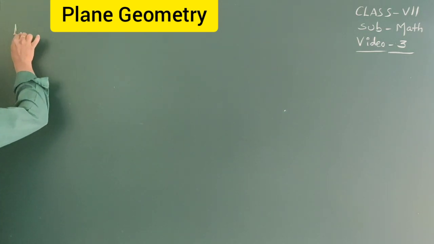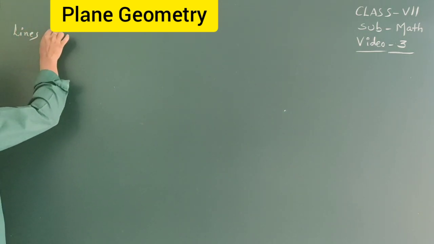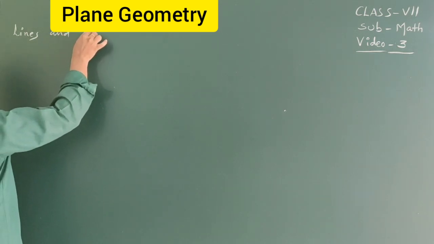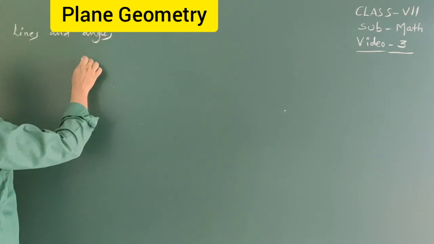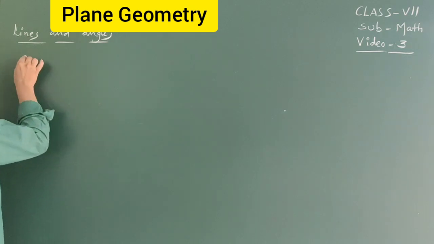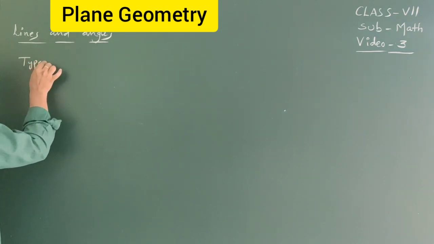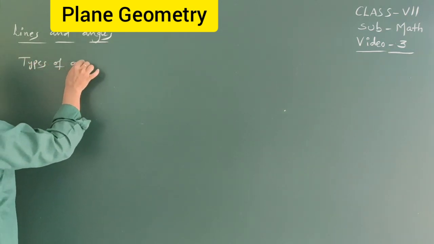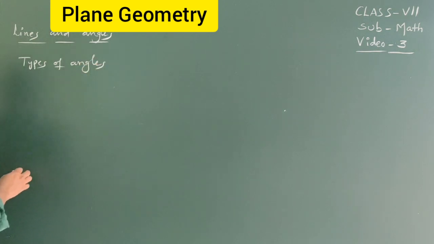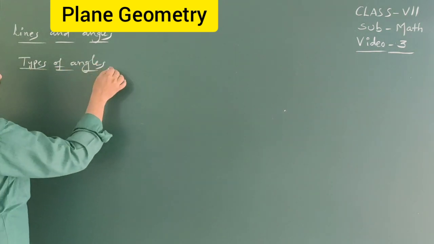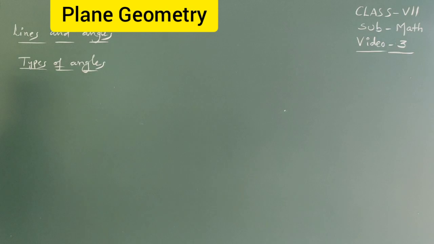Now, in the lines and angles, types of angles. Briefly, I will explain about these types and I will continue.